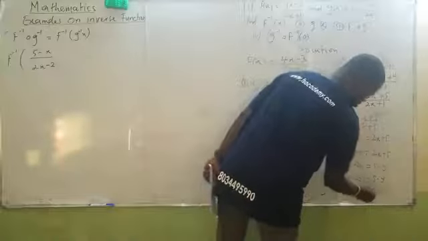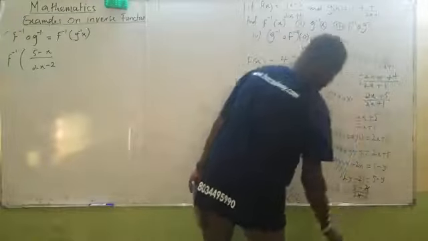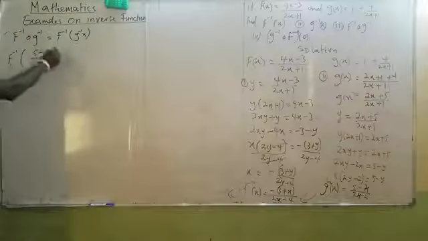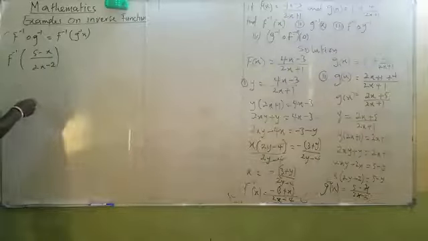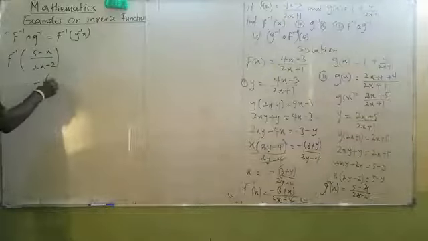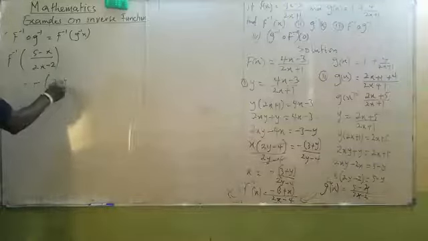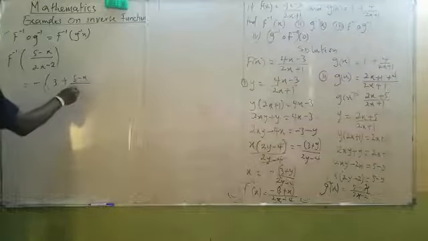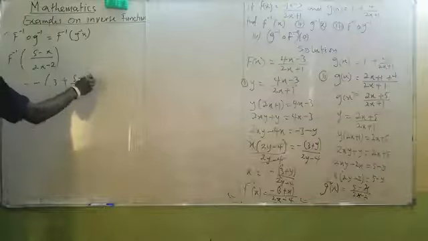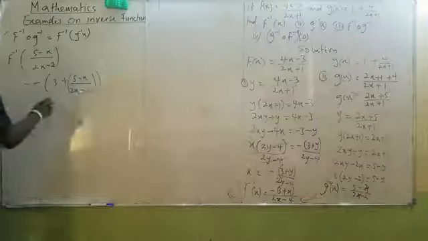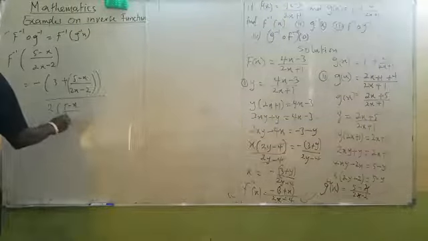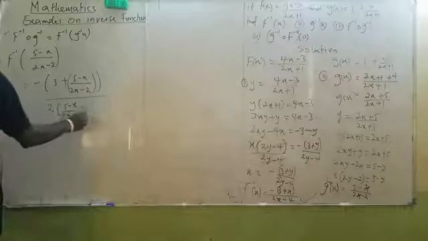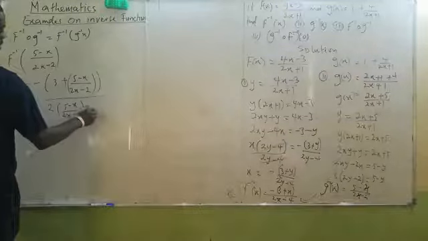Now, I've done that, and my f inverse will be equal to minus bracket of 3 plus 5 minus x all over 2x minus 2, divided by 2 bracket of 5 divided by 2x minus 2 minus 4.